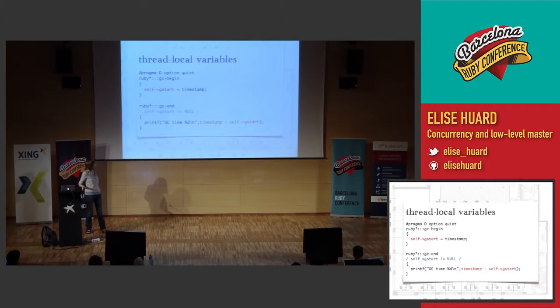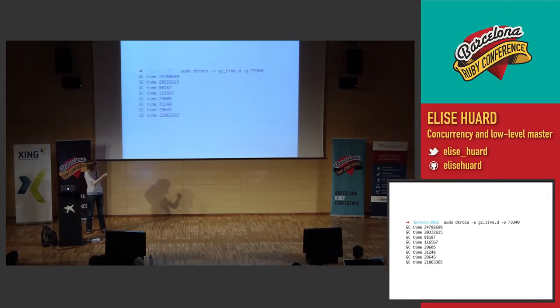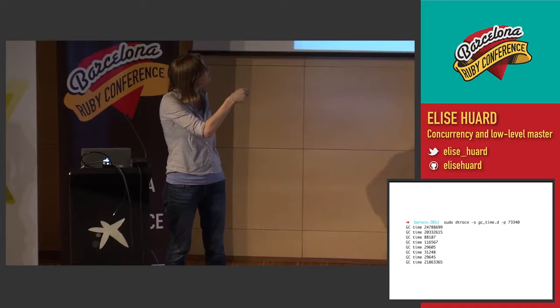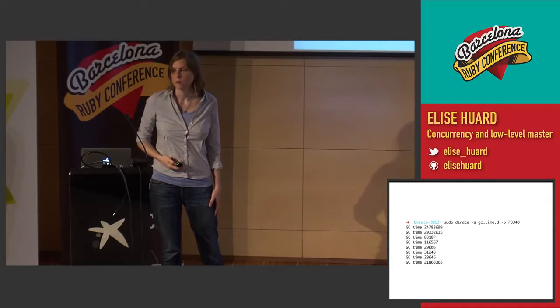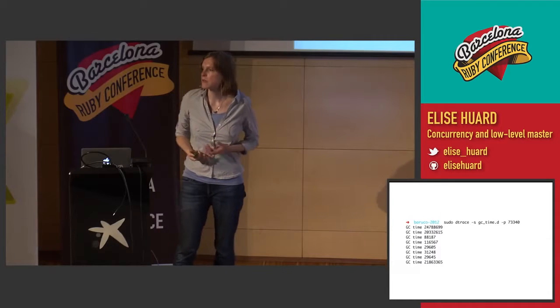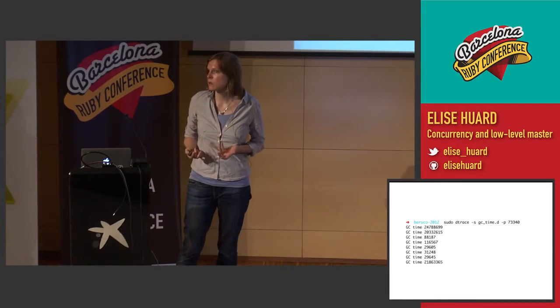And the result is this. So I run this script again, a list of microseconds for garbage collection. So you can basically see that this can start to be very useful.